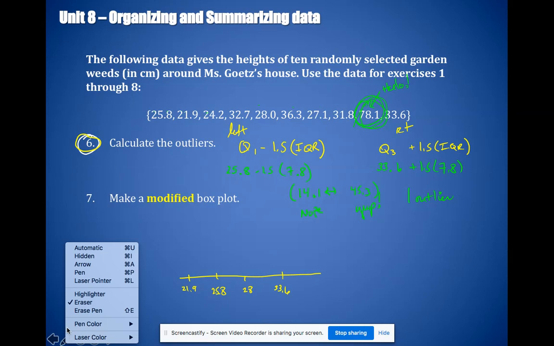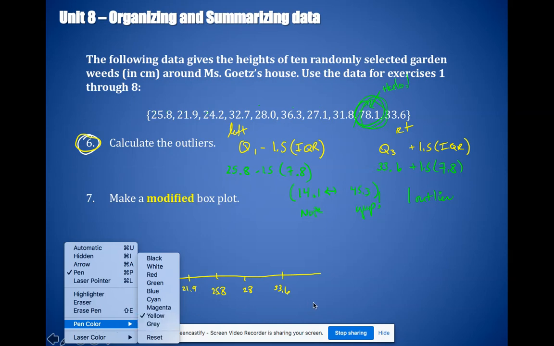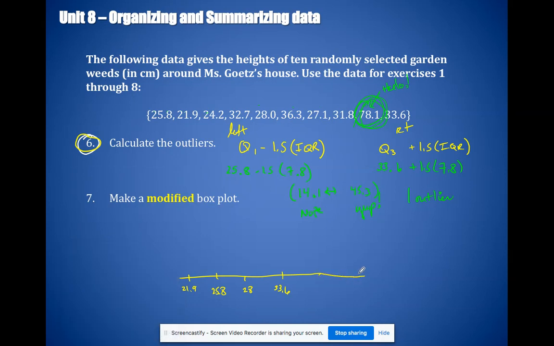Make that further to make it obvious. I know that was the max. But now I'm going to use these numbers.